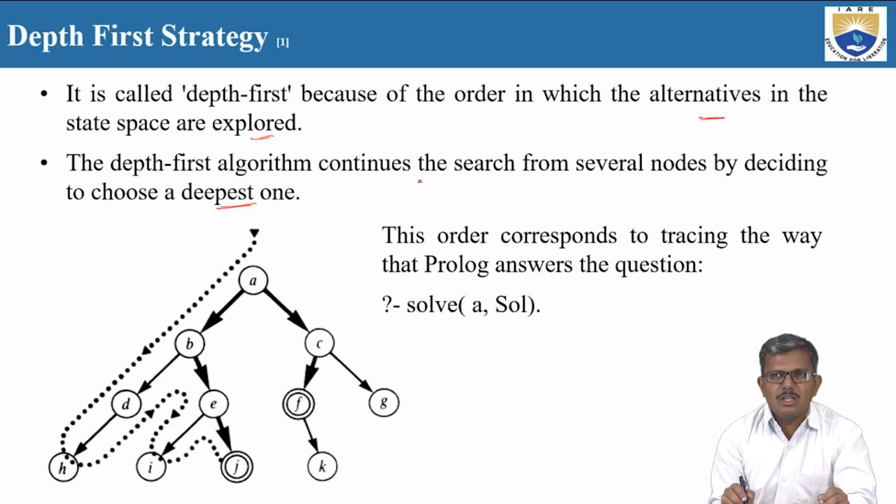So the depth first algorithm continues the search from the several nodes. It is going to search among the nodes by choosing the deepest one. If you see this diagram, it is very clear. For this particular node there are 2 possibilities, but at a time it is not considering both. It will take one particular path, one particular way, and it will keep on going.